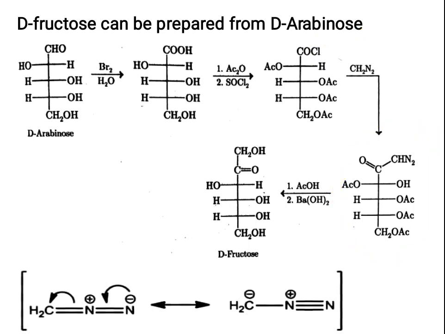If you treat it with acetic acid first, then barium hydroxide, you will get D-fructose. This is the structure of diazomethane. In this canonical form, CH2 is minus and N2 is plus. Actually this CH2 minus is the nucleophile. This will attack the carbonyl.